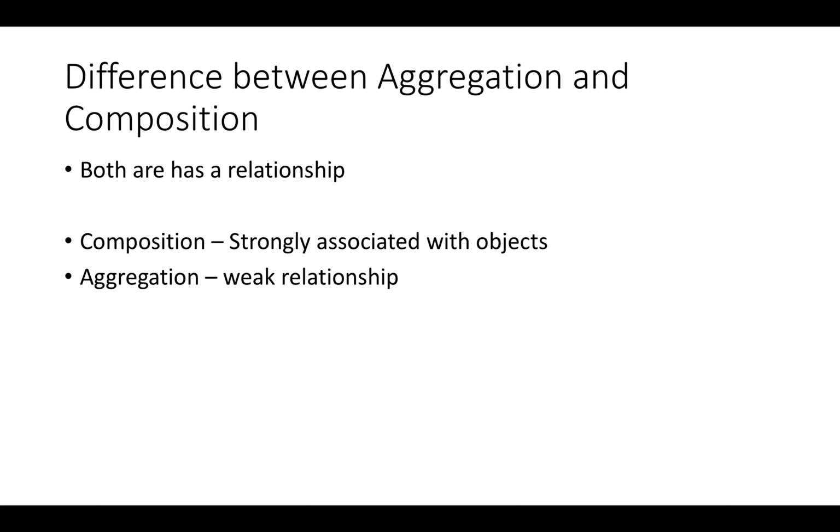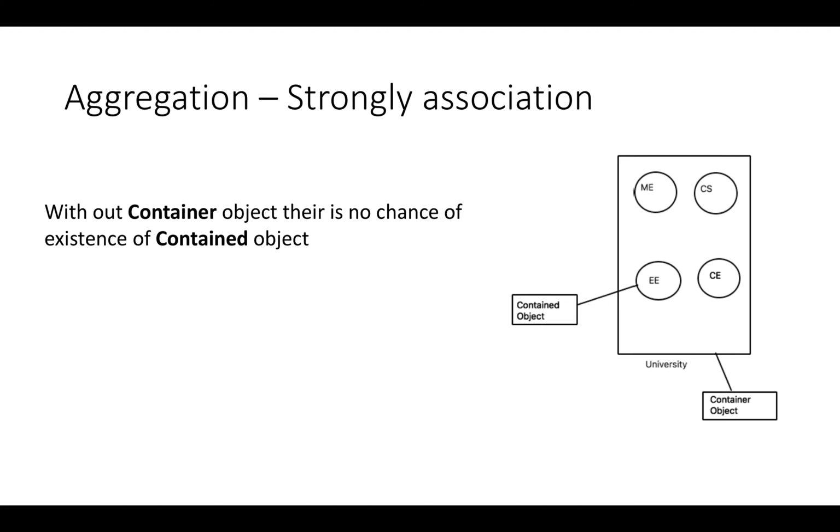So what is the difference between aggregation and composition? Both are has-a relationships, but there is a slight difference between them. Composition is strongly associated with the objects, but aggregation is weakly associated. I will show you how. In this example, in the university we have several departments like mechanical, computer, electrical, and civil engineering.